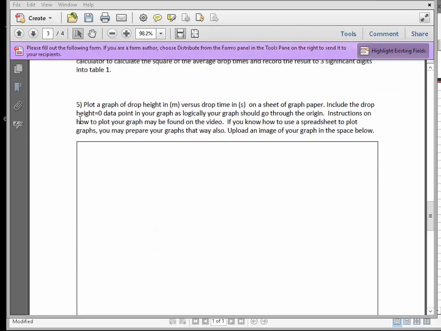In part 5, we need to plot a graph of the drop height versus the drop time in seconds on a sheet of graph paper. I'm going to show you how to do that.